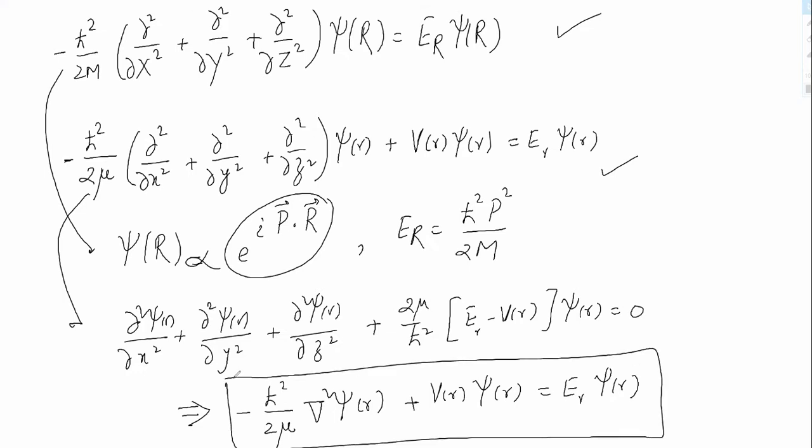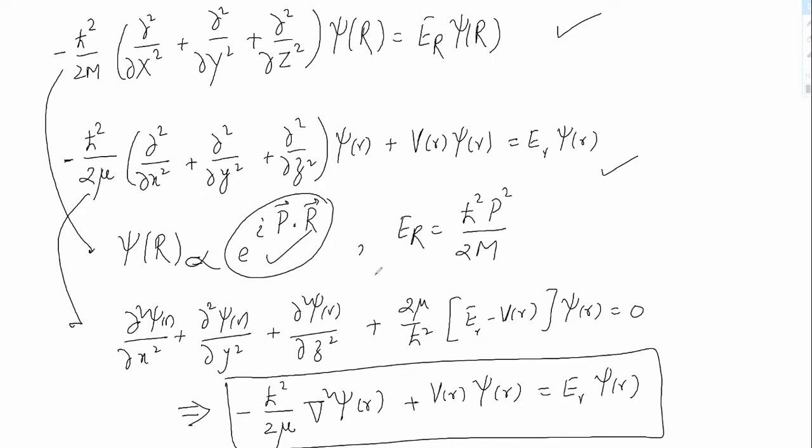You are considering the electron-proton interaction, Coulombic interaction, and you are writing this in terms of a reduced mass of the system, and you have not considered the center of mass part, because the solution is a free particle solution.